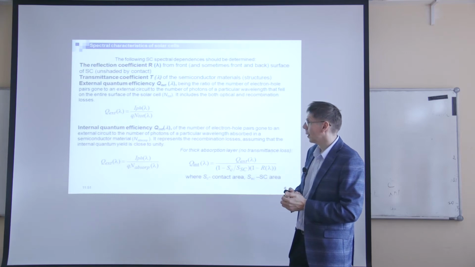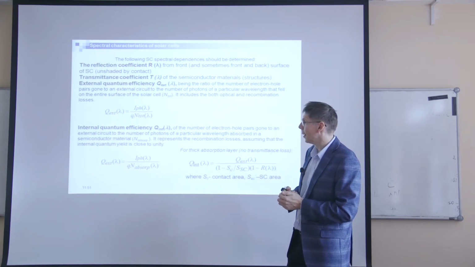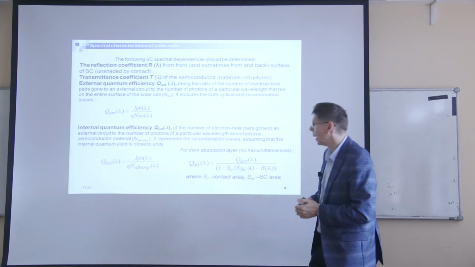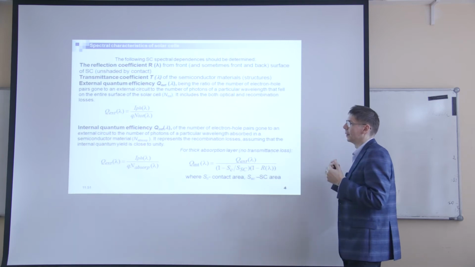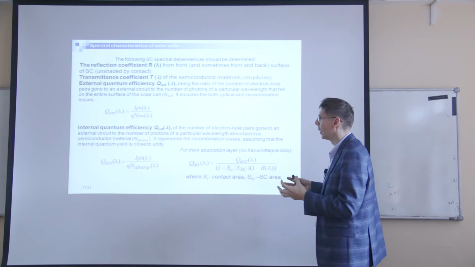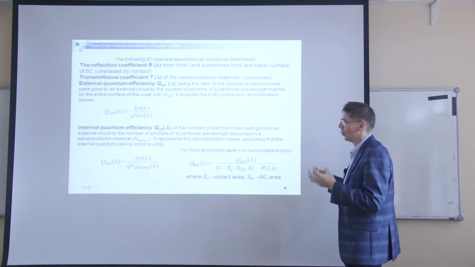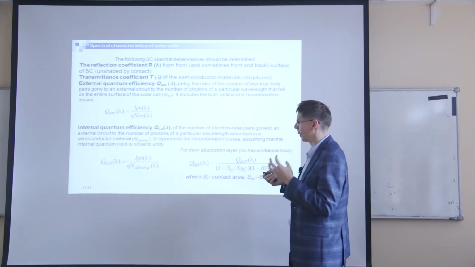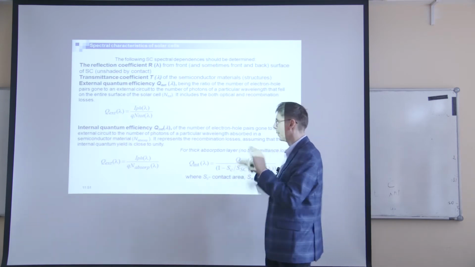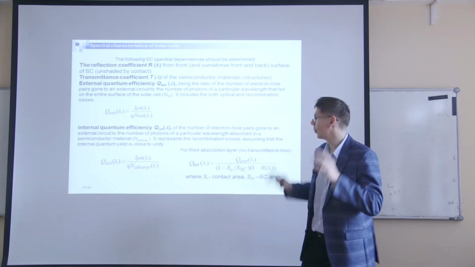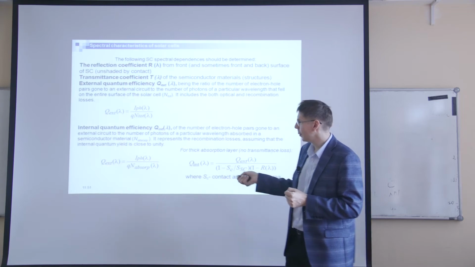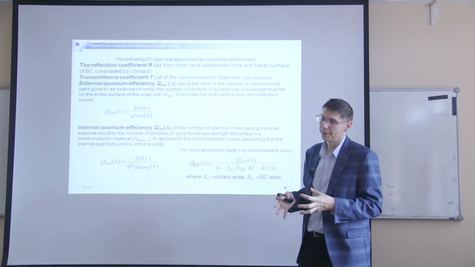So, concerning the internal quantum efficiency, I'm sorry, here it should be internal. It gives a little bit more insight into the structure. You have to think about the electron-hole pairs, the same ones which are separated and come through the external circuit, but divided by the number of absorbed photons.